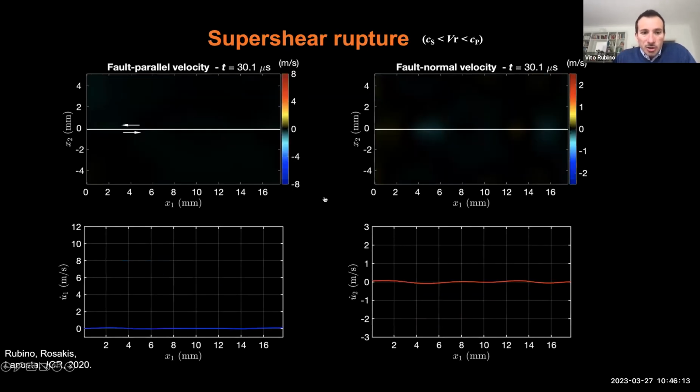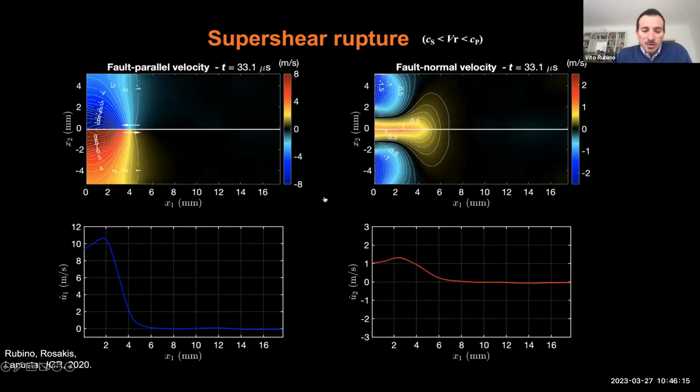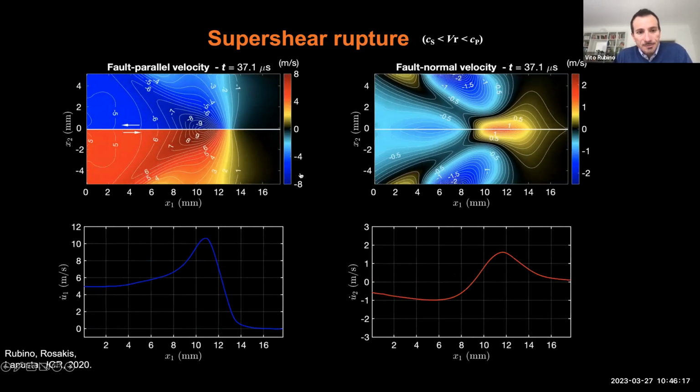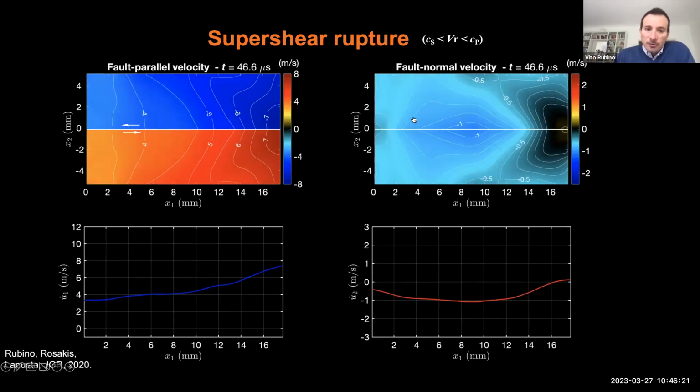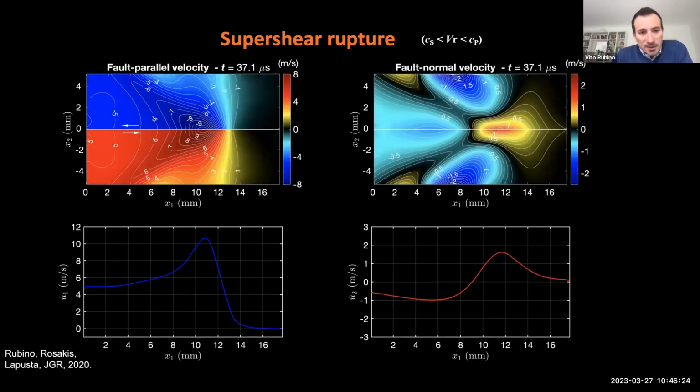Now, for a supershear rupture, what we see is something slightly different. Here is the rupture moving along the interface. If we fix a snapshot, we can see that the dilatational and compressive lobes are actually behind the rupture tip, as the rupture exceeds the shear wave speed, and it forms this Mach cone, which becomes even more visible if we zoom out and see the far field properties.